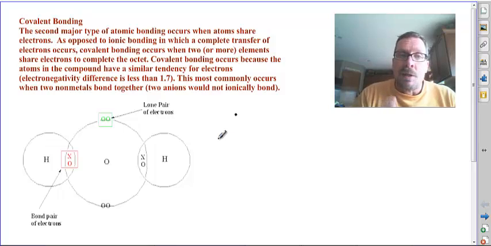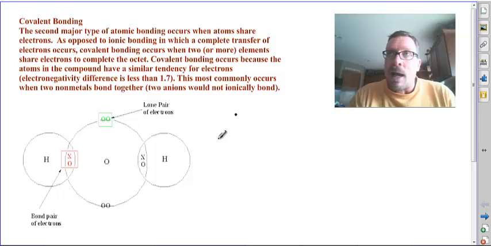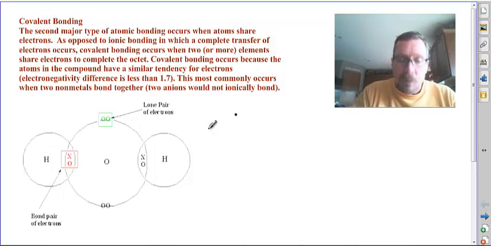Anyhow, a little discussion of covalent bonding, just a brief overview, as opposed to ionic bonding. In ionic bonding, you had ion formation by accepting or removing electrons to form a stable octet, and then you would get a charge and an electrostatic attraction between those charges.